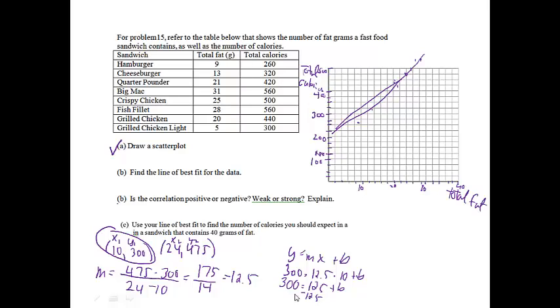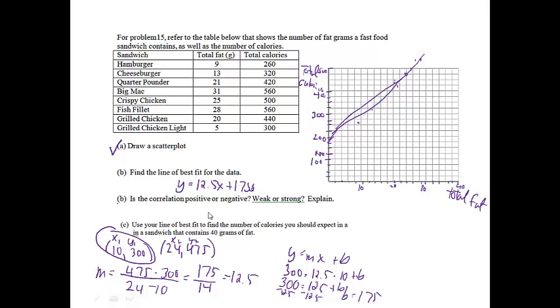And then if I subtract 125, I'll get 300 minus 125, which is 175. So b is equal to 175. So my line is going to be y equals 12.5x plus 175. And you could kind of notice if I would have kept that going down, my line is touching at about 175, so that totally makes sense in that situation.